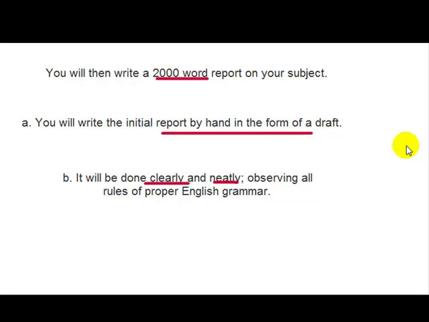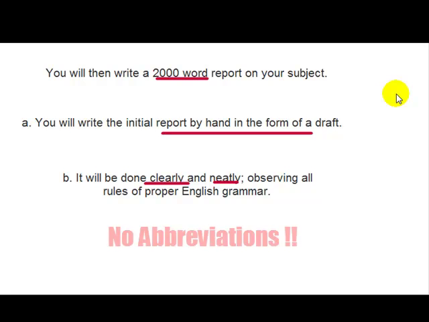I have printed 3,000, 4,000 word reports by hand. I'm very good at printing. I use a ruler and I write on a straight line if I have to. So it's easy to do, and it's not that hard. Also, don't forget that you are not to use any slang or any abbreviations. I do not want to see B/C for because or any other type of abbreviation. We need full, proper English while you're writing this report.